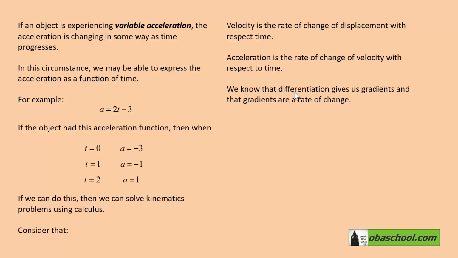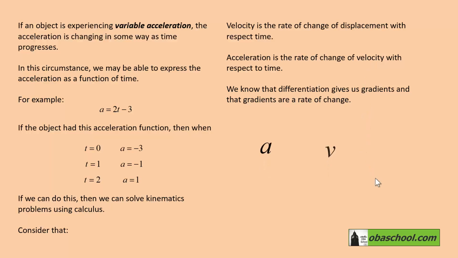We know that differentiation gives us gradients, and that gradients are a rate of change. So velocity is the rate of change of displacement, and therefore the differential. Acceleration is the rate of change of velocity, and therefore the differential.